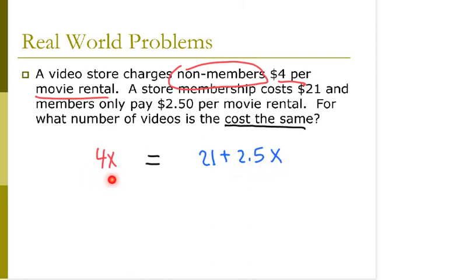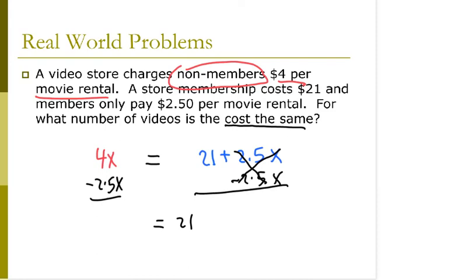So 2.5x is smaller or has a smaller coefficient. So we subtract 2.5x from both sides of our equation. On the right side, this gives us 0. 0 plus 21 is 21. And now 4 take away 2.5 is 1.5. So we have 1.5x.